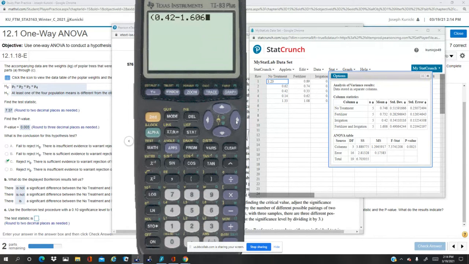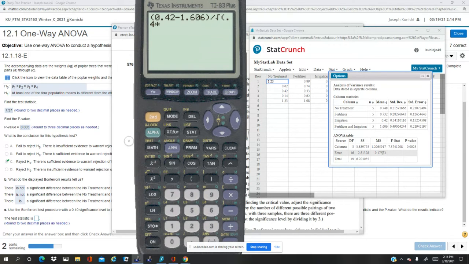All right. It's all divided by the square root. So the square root of 1 over n1 plus 1 over n2. 1/5 because they're both 5 for the n's. So it's 1/5 plus 1/5, which I'm just going to write as 2/5, which is 0.4. 1/5 plus 1/5 times the MS error.